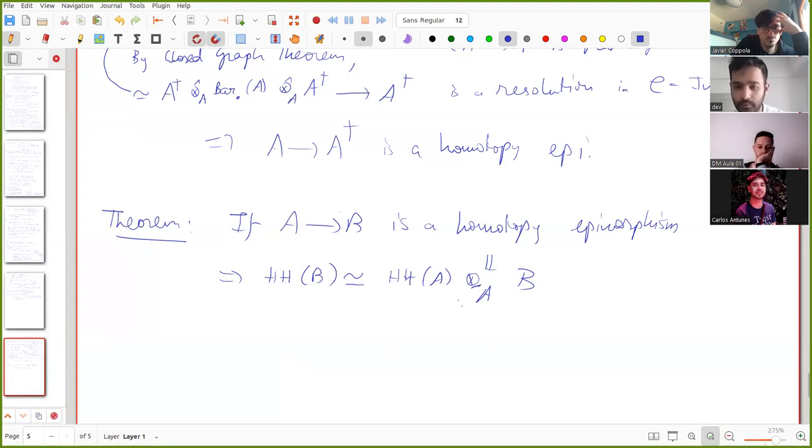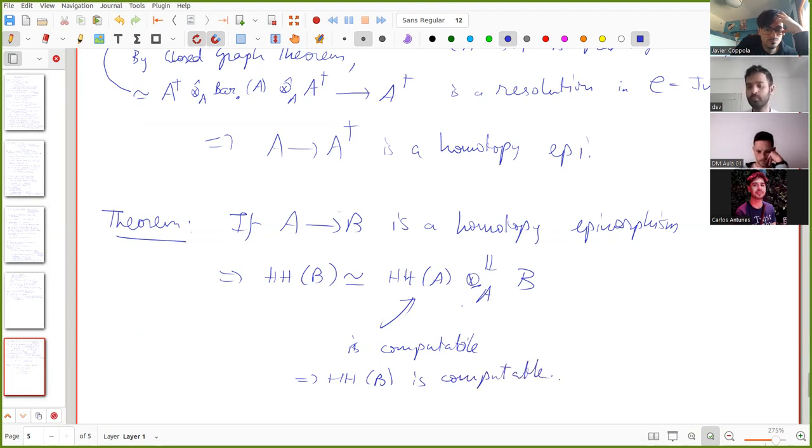And yeah, just the summary is that this is computable. So in that sense, HH of B is computable. Okay, that's all I have to say.